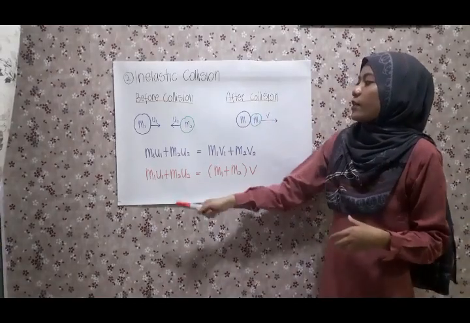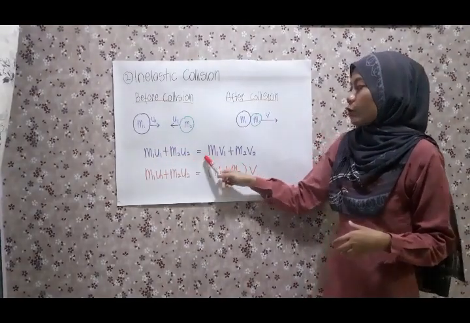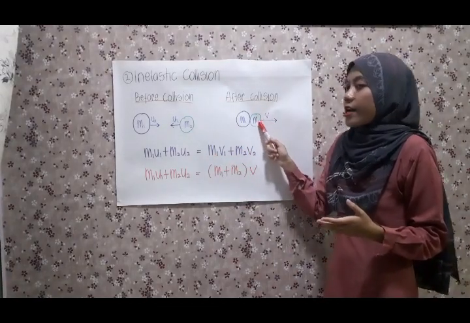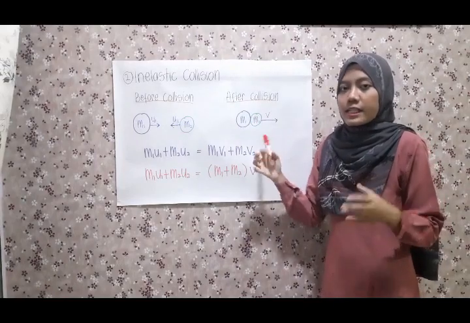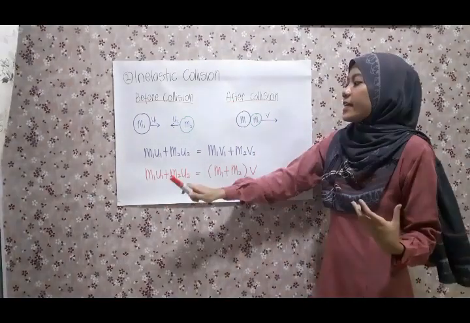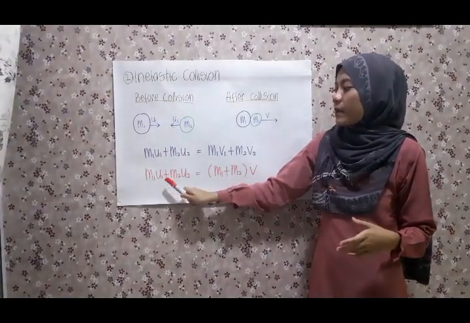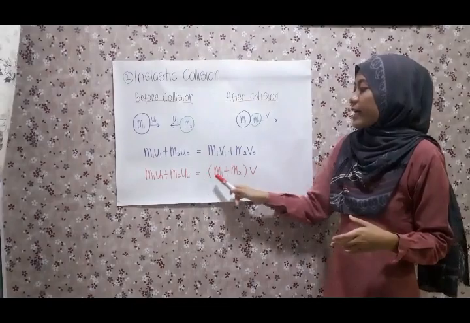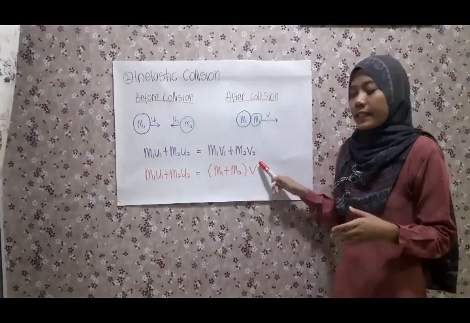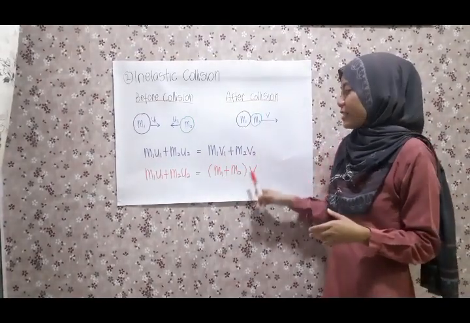The formula is m1u1 plus m2u2 equal to m1v1 plus m2v2, but they share the same velocity because they move together. So the formula for inelastic collision is m1u1 plus m2u2 equal to m1 plus m2 times the velocity, because the velocity for m1 is the same as the velocity for m2.